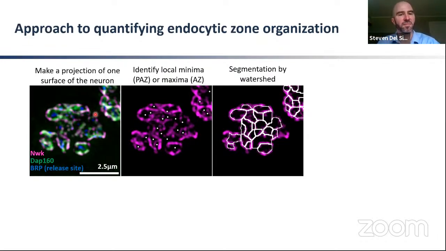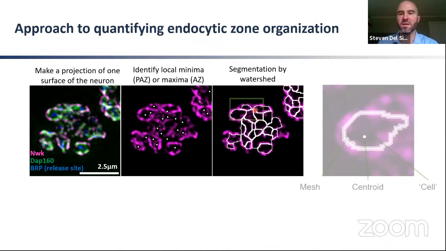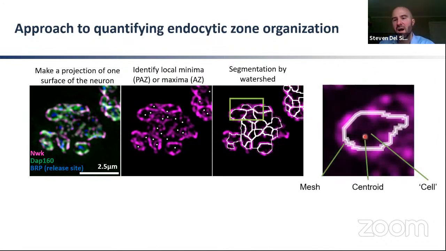To overcome that barrier and get some more granular quantitative information about how these proteins are distributed at synapses, we developed a method where we look at one surface of the membrane, then identify local minima in intensity, basically the dark spots within the mesh, and fill those in by watershedding to get this segmentation. Then we can look at this meshwork and ask questions such as, how are these cells, or compartments, distributed across the synapse?